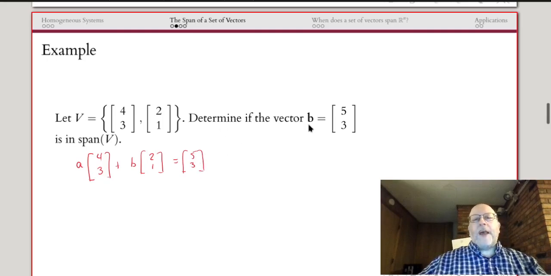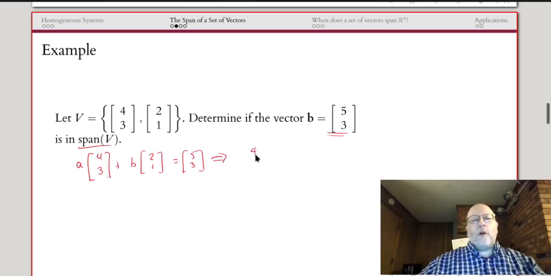That's what this is asking: can I build this vector? Will this vector be one of the vectors that's in the span? That means it would be a linear combination. But this is just saying that 4a plus 2b is equal to 5, and 3a plus b is equal to 3.